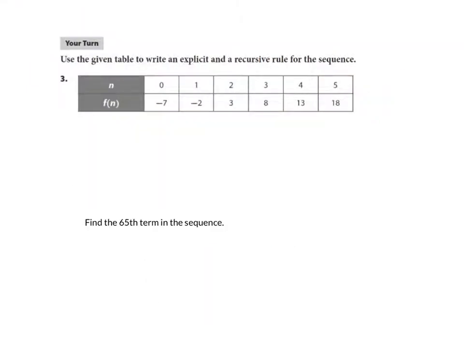All right, below that example in your book is a Your Turn number 3. We're going to do this one together here. It says use the table to write an explicit and a recursive rule for the sequence. We're not going to do the recursive rule. So first of all, let's see if this really is arithmetic. I'm going to take this negative 2 minus a negative 7.